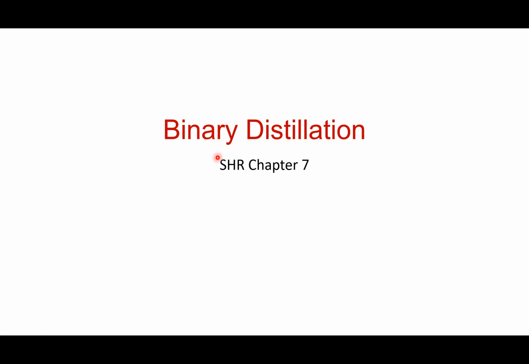Okay, so good morning. Let's continue our discussion on binary distillation today. In the previous two lectures, we basically went over the structure of a binary distillation column. The distillation column is made of three components.